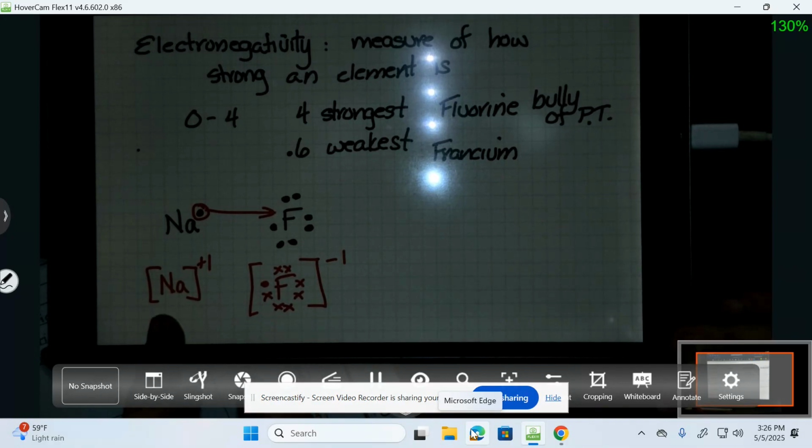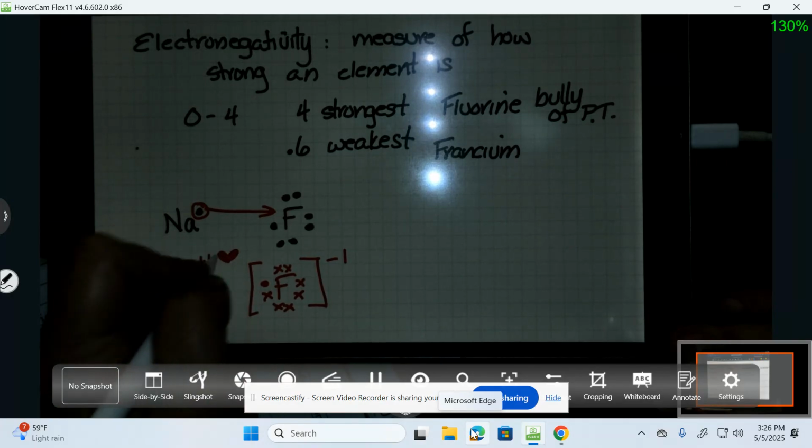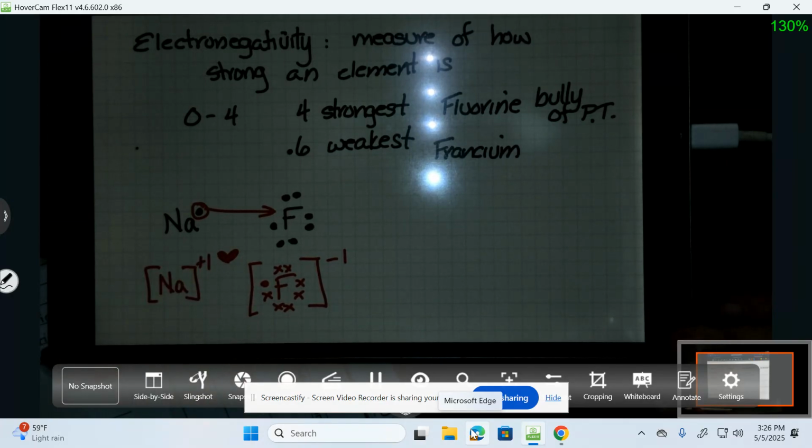Now I've got a positive and a negative, and they made a bond. What type of bond did they make? An ionic bond. This is a sodium ion. This is a fluorine ion. Together they make an ionic bond.